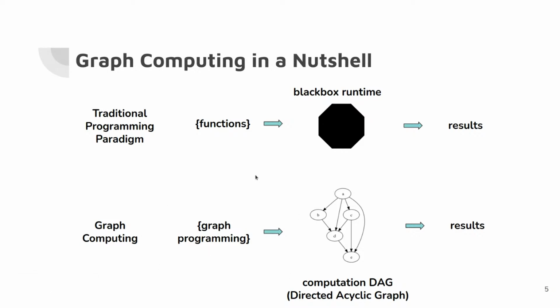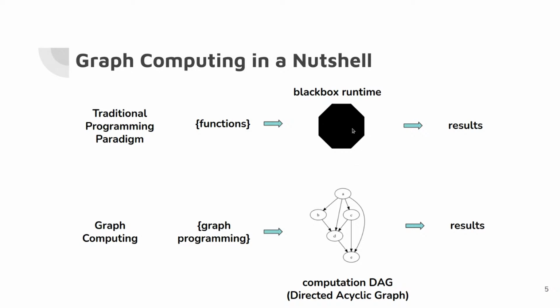Once we have the graph programming that defines the logic, we don't execute the code directly. Instead, we create an intermediate representation called the computation DAG, which is a directed acyclic graph. This DAG basically captures all the logic flow of your application or system. Then this computational DAG will be executed to give you the final results.